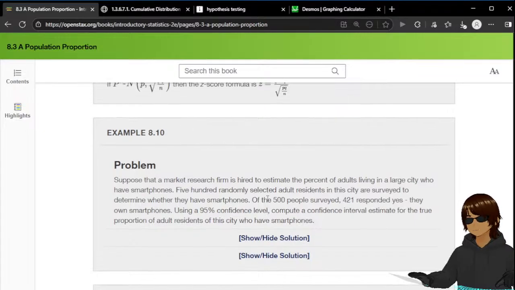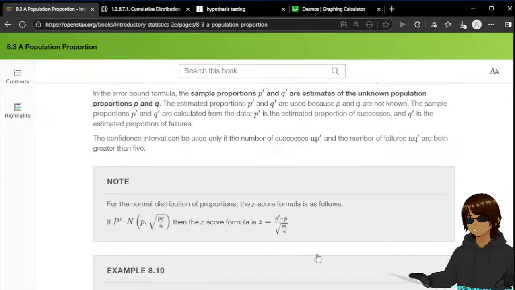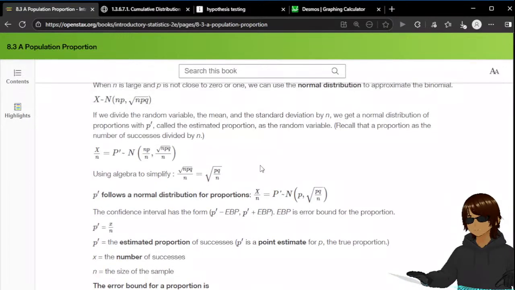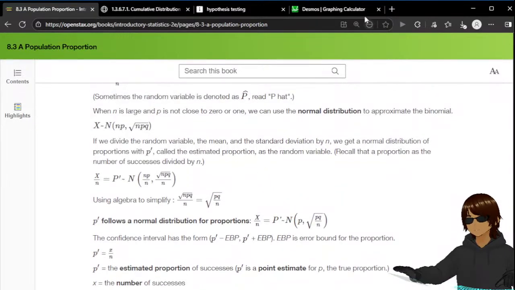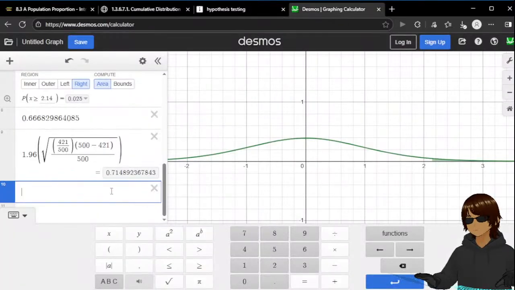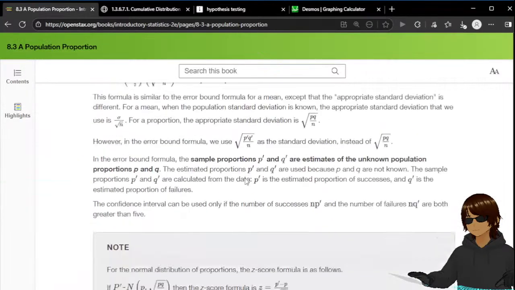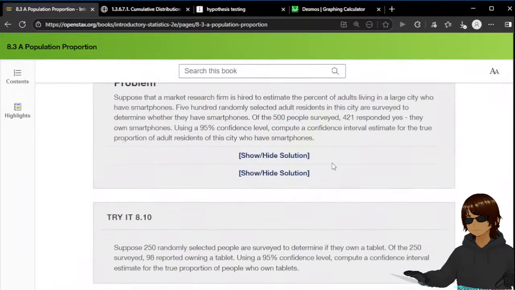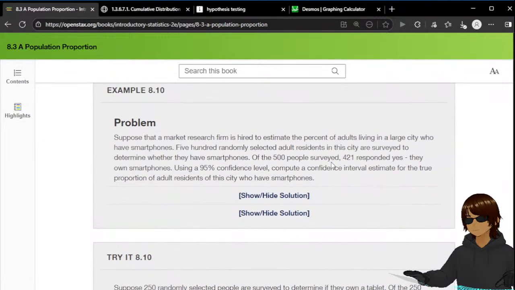95%, compute the confidence interval estimate. And the mean is n times p. Do I use 421 as the mean?